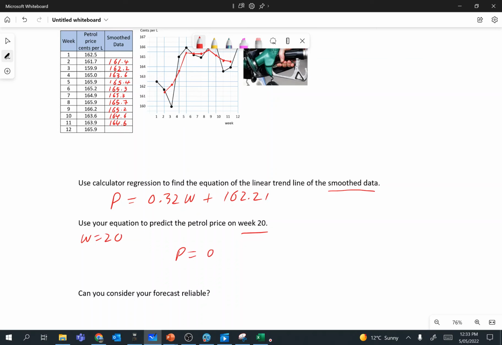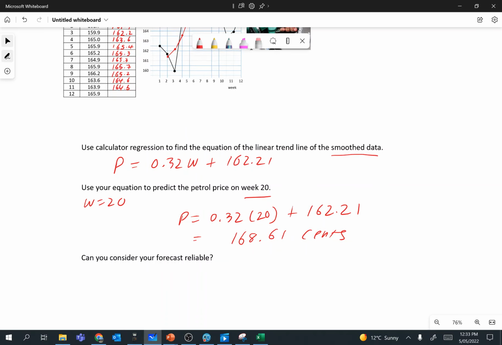So P equals 0.32 by 20 plus 162.21. So that gives us a price of 168.61. Not in dollars, but in cents. So 168.61 cents.